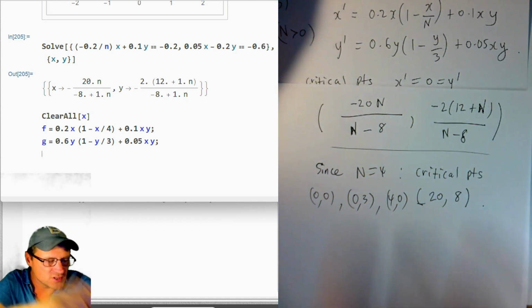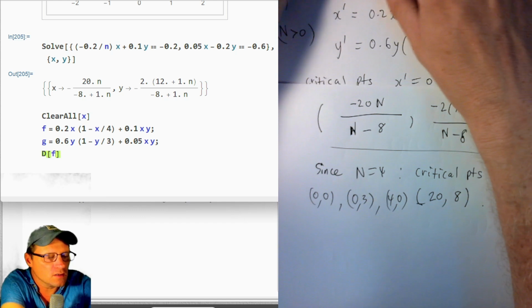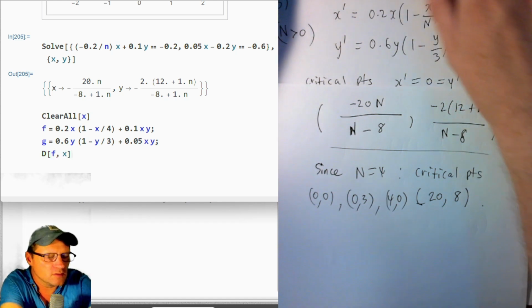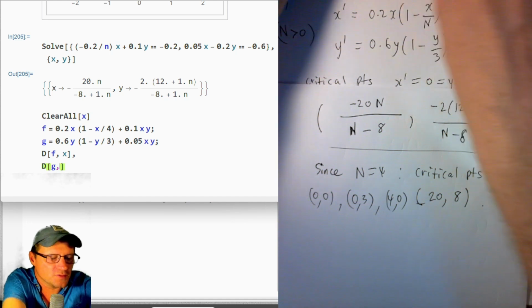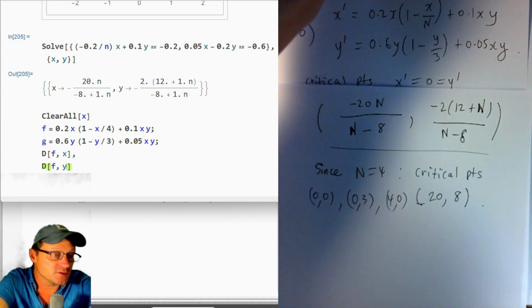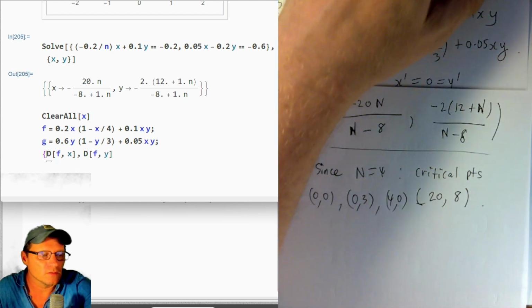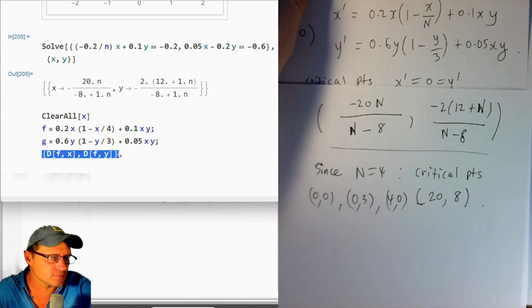Okay, so there's f and g. Now let's differentiate each of these partially. Differentiate g with, f with respect to g, with respect to y, sorry. Okay, so I am now forming the Jacobian matrix.